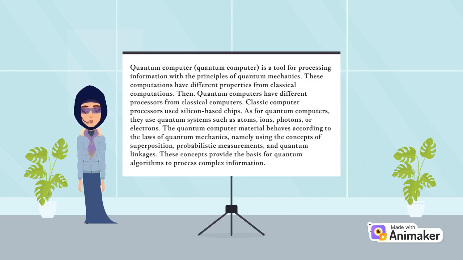As for quantum computers, they use quantum systems such as atoms, ions, photons, or electrons. The quantum computer material behaves according to the laws of quantum mechanics, namely using the concepts of superposition, probabilistic measurements, and quantum linkages. These concepts provide the basis for quantum algorithms to process complex information.